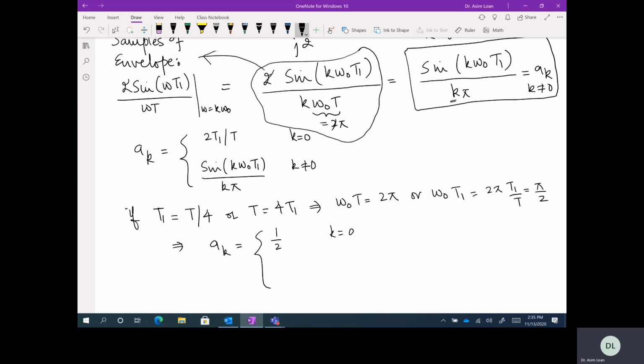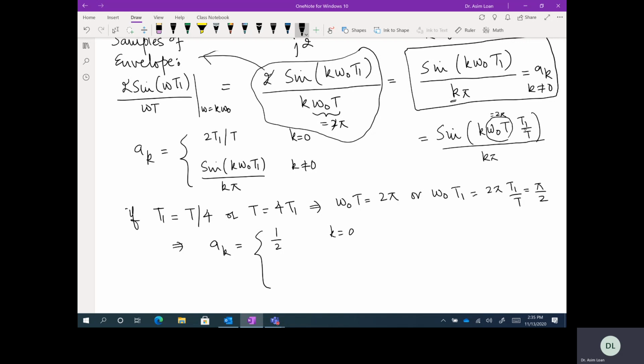And otherwise, in here, I can change this one. So I can write this one as sine of k omega naught T into t1 over T, over k pi. So T cancels, this omega naught T is 2 pi, and this t1 over T takes on different values.